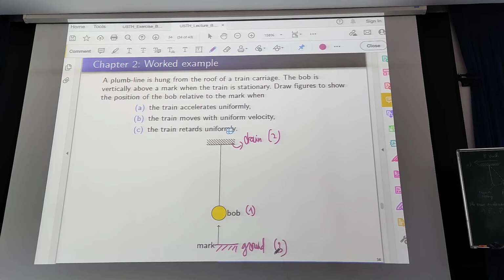Is it okay? So I consider the motion of the ball in the frame of 3, the ground. That is the inertial frame. So I don't have inertial force.